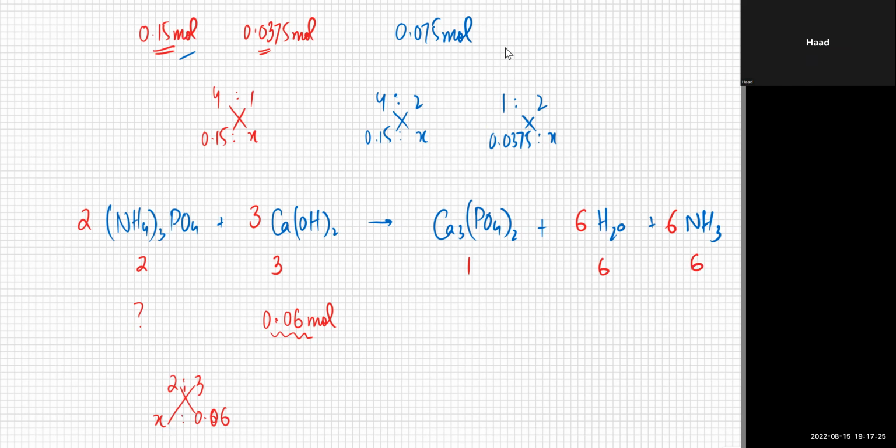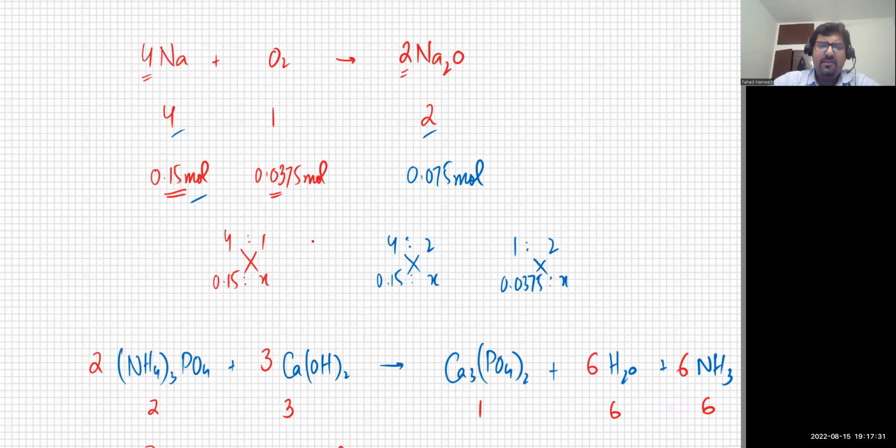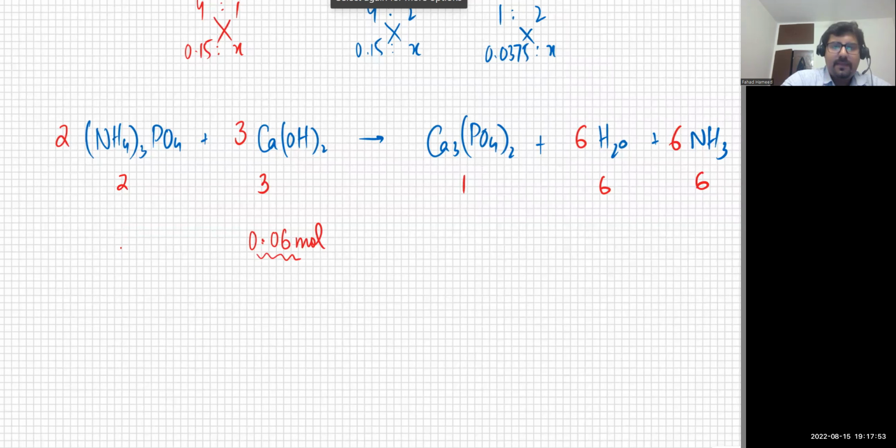Yes, sir. But now there's a hack to it, which is that you don't actually have to do this crisscross every time. It's going to take a very long time. The easier method is, instead of doing the ratio thing, I want to figure out the moles of this.